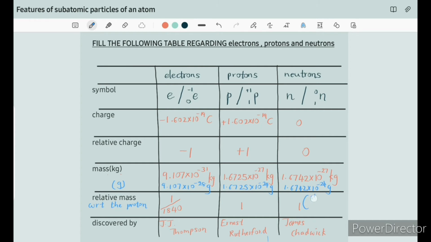If we divide one proton into 1840 parts, the mass of electron is approximately equal to one such small part. If we consider the mass of a neutron and the mass of a proton, we can see that there's a slight difference in the point values. Therefore, we can say that the relative mass of neutron is slightly greater than the relative mass of proton.